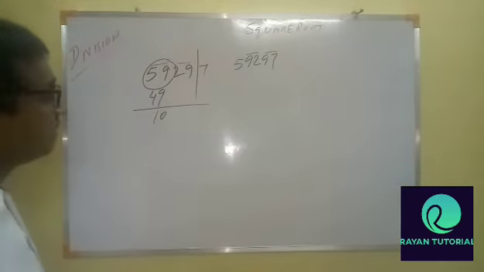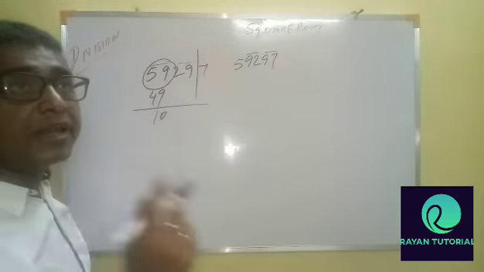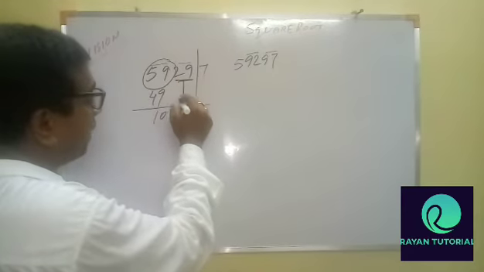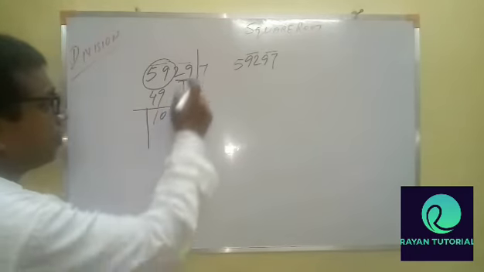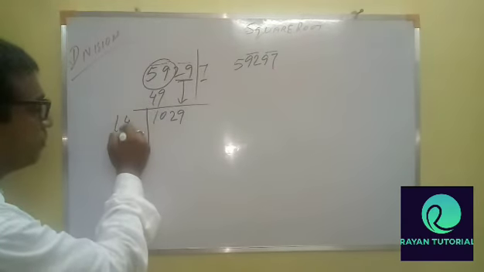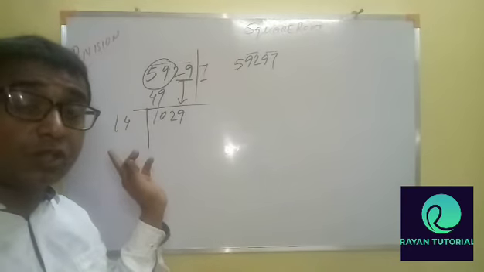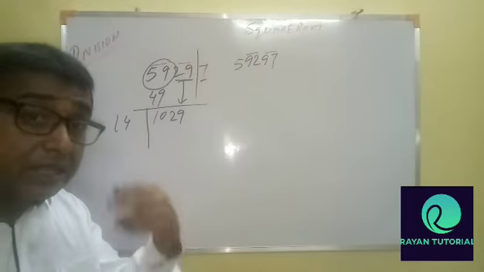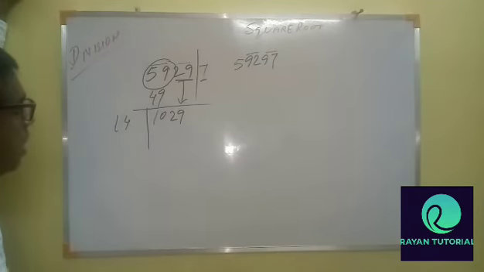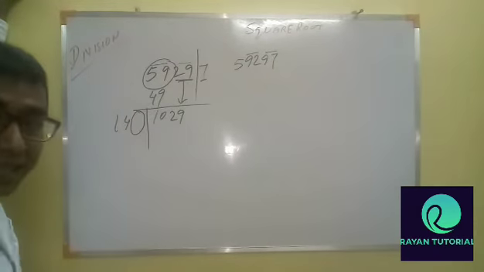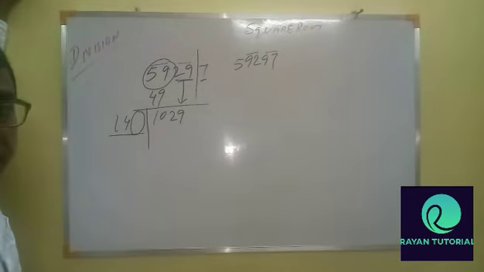Minus, 10. Then the rule of division: bring down the next number. Here next number means the next pair. So bring this pair. Next what you should do: here is 7, double it up. Double, not 7, double. 7 2s are 14. Always double. Now here you should put such a number. By that number you should multiply this whole number.